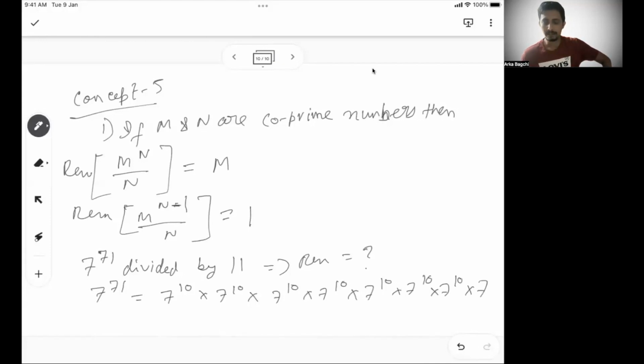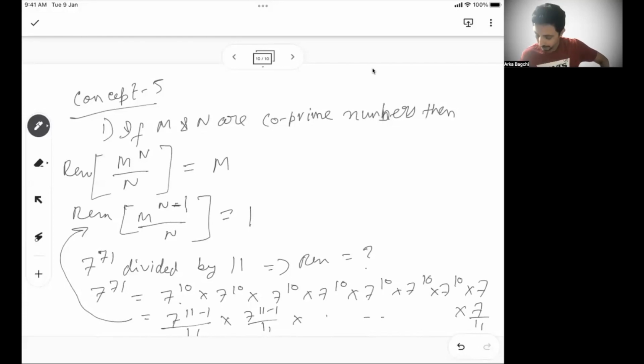Now, all this 7 to the power 10, I can write it as 7 to the power 11 minus 1. Does that make sense? So all of these will be individually divided by 11. So 7 to the power 11 minus 1 by 11 and so on. And the last one will also be 7 by 11.